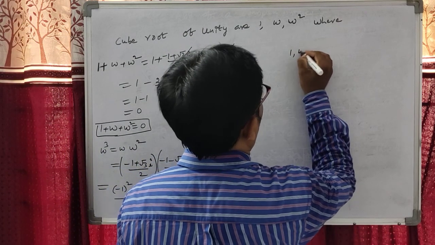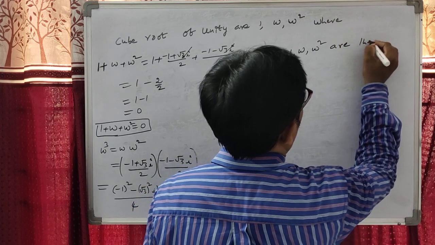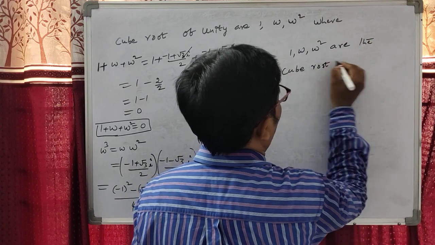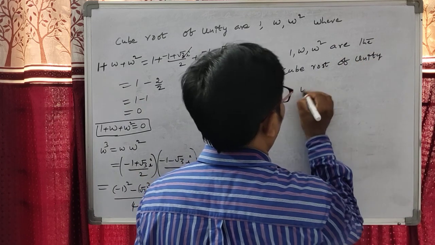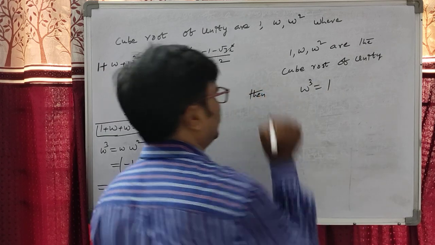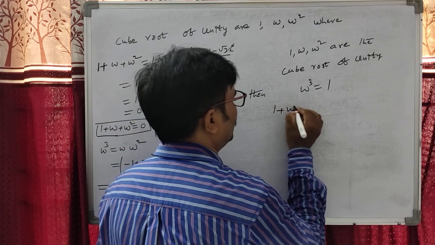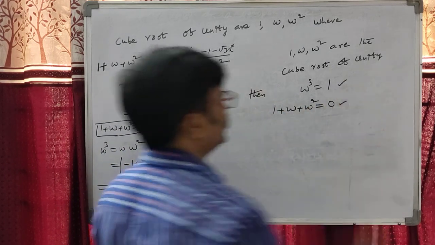Therefore, 1, omega, omega square are the cube roots of unity, and we take omega cube equal to 1 and 1 plus omega plus omega square equal to 0.